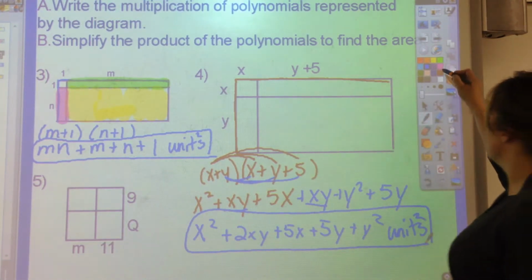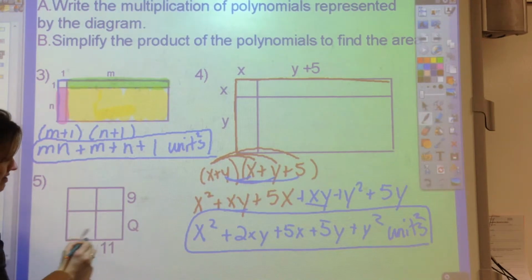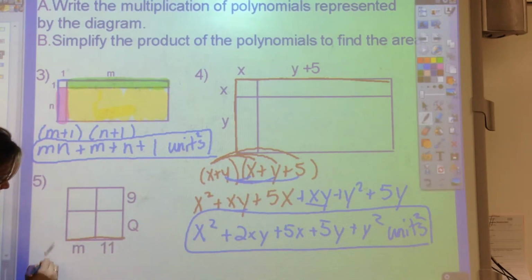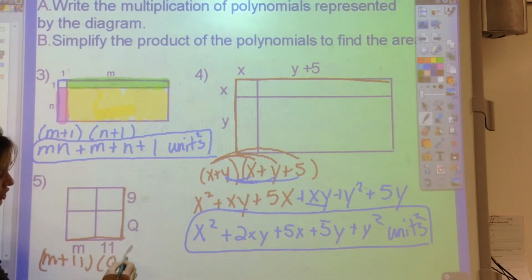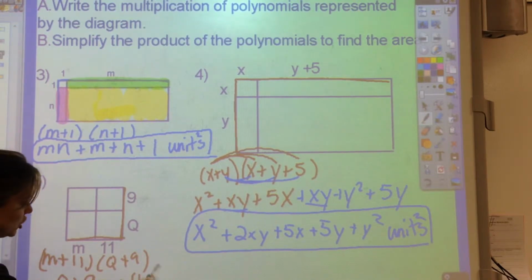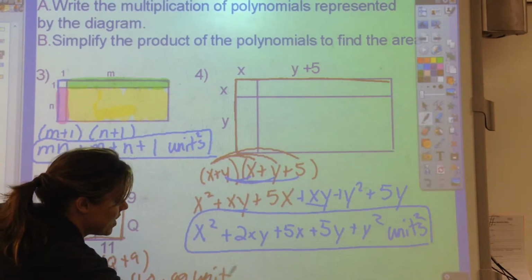All right, last one. For my length, I would have m plus 11 times my width, which is q plus 9. And now I FOIL. I'm going to get mq plus 9m plus 11q plus 99 units squared.